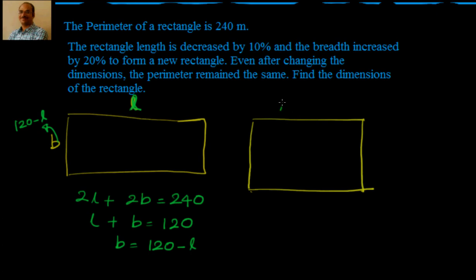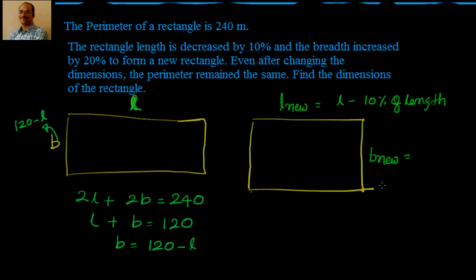Let us say the new dimensions are length new and breadth new. Now, how do we modify the rectangle? We have to decrease the length by 10%. What is the meaning of that? It means original length minus 10% of length.